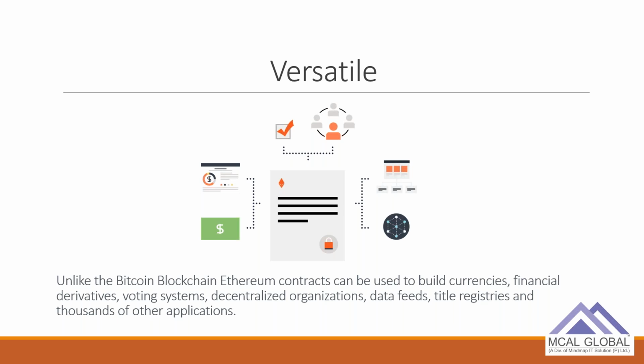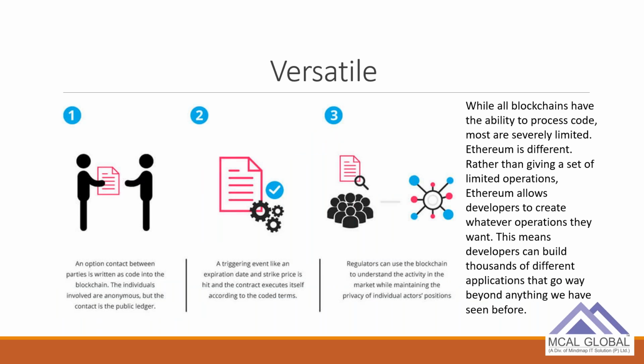Unlike the Bitcoin blockchain, Ethereum contracts can be used to build currencies, financial derivatives, voting systems, decentralized organizations, data feeds, title registries, and thousands of other applications. While all blockchains have the ability to process code, they have several limitations in terms of what a user can add. In Ethereum, it is different.